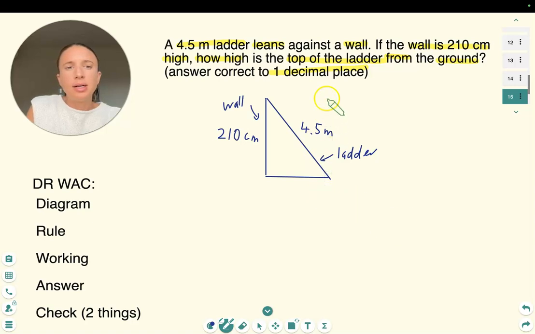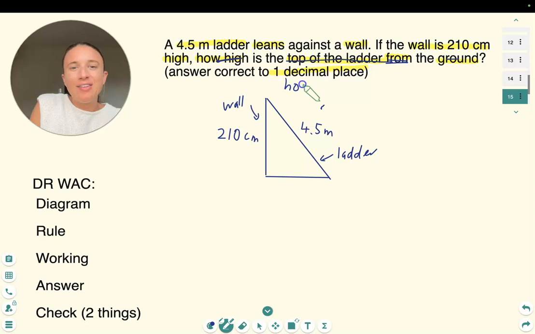Okay, let me have a think about this. How high is the top of the ladder? Oh, I think I meant how far is the ladder from the base of the wall? So sorry. I'm not redoing this video.